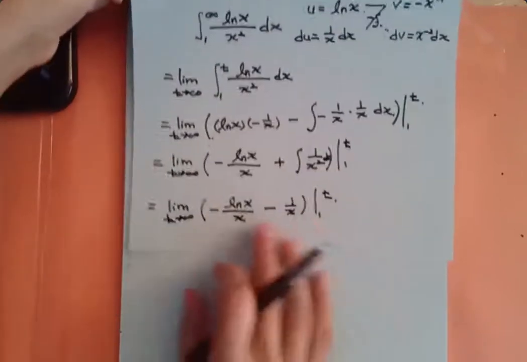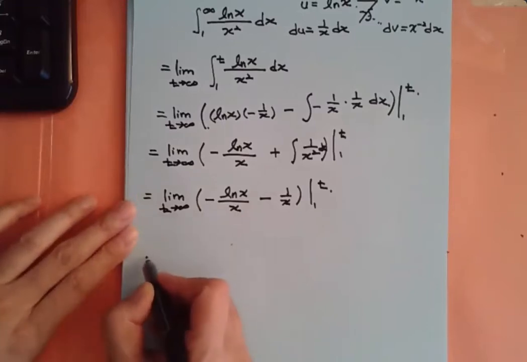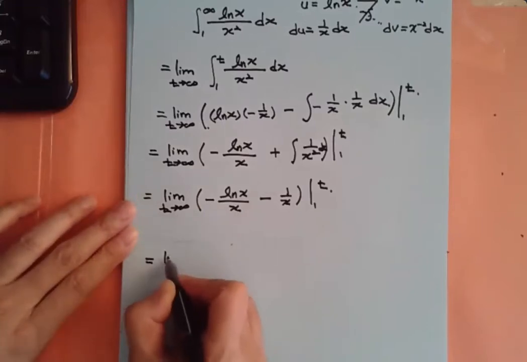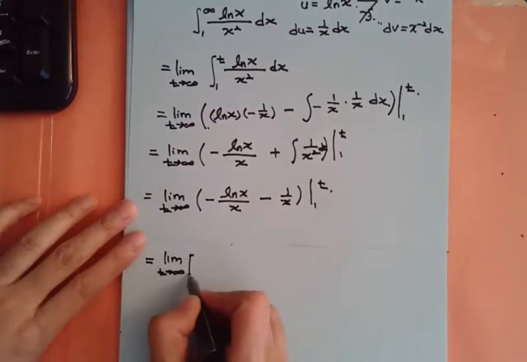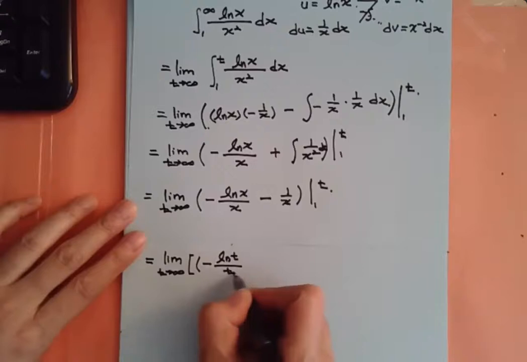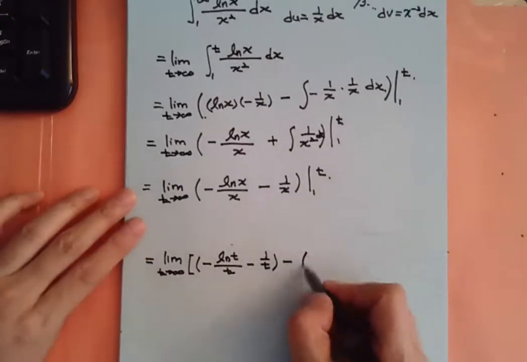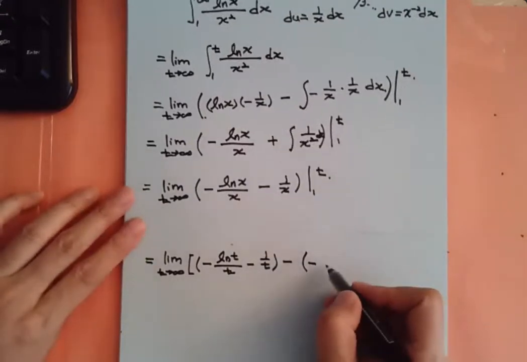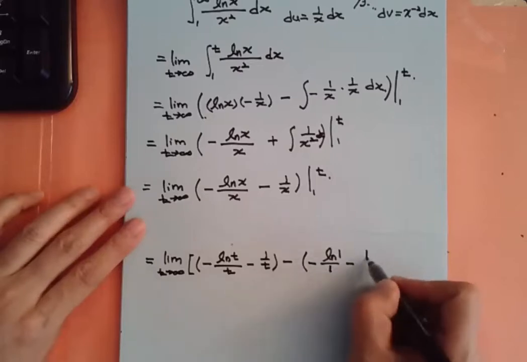So we have to evaluate this. Then it becomes the limit as t goes to infinity of minus natural log of t over t minus 1 over t, minus the quantity natural log of 1 over 1 minus 1 over 1.